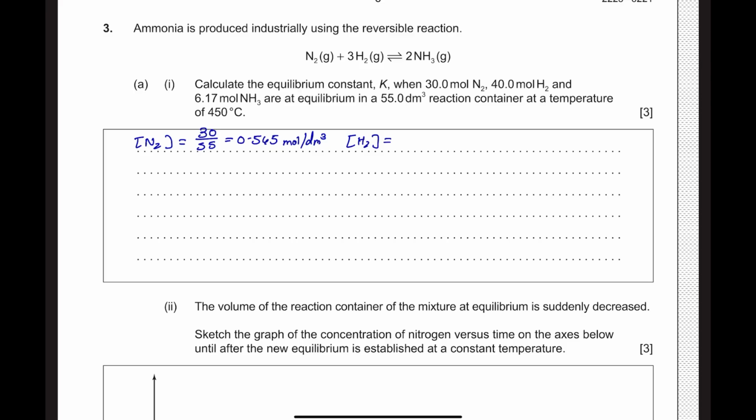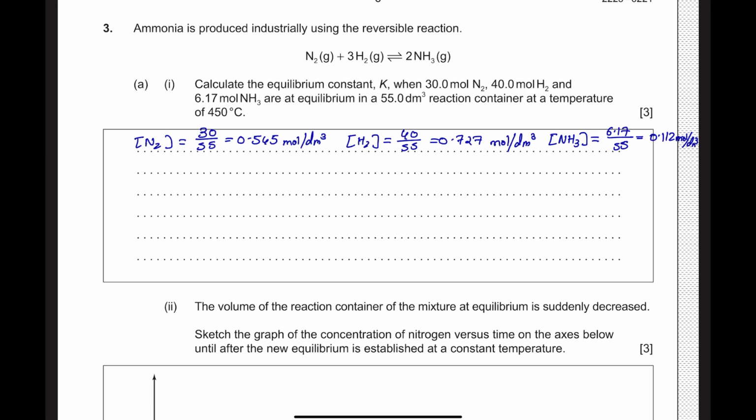Concentration of H2 would be 40 divided by 55, 0.727 mole per dm cubed. And concentration of ammonia, NH3, will be 6.17 divided by 55, which is 0.112 mole per dm cubed.